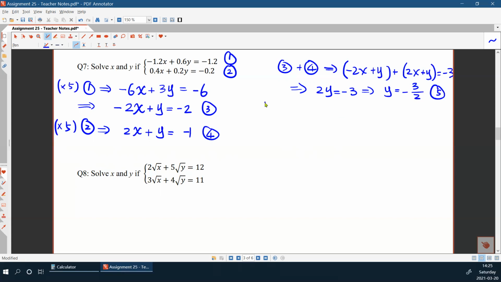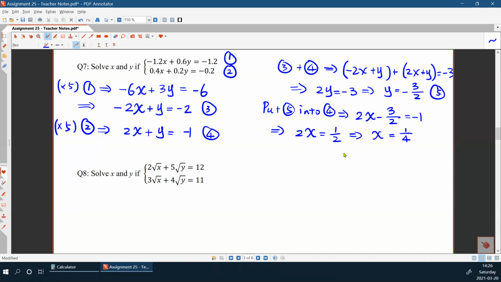So let's call this 5. Then we can put number 5 into either equation 3 or equation 4, right? So let's put it into 4. Then you will get 2x minus 3 over 2 equals minus 1. Then 2x is 1 over 2. That means x is 1 over 4, right? So in this way, we can solve the final solution is x is 1 over 4, and y is minus 3 over 2.